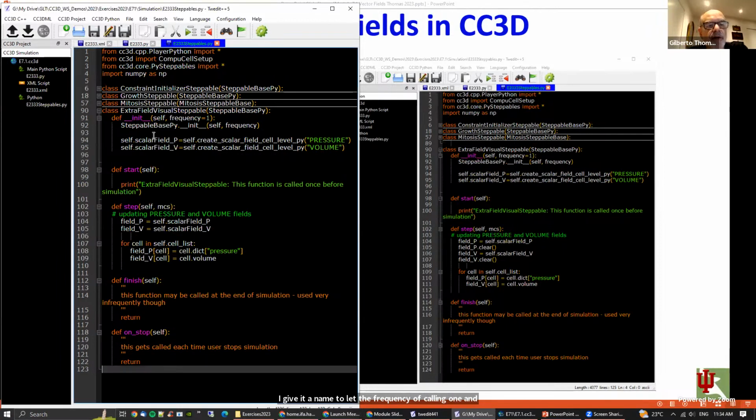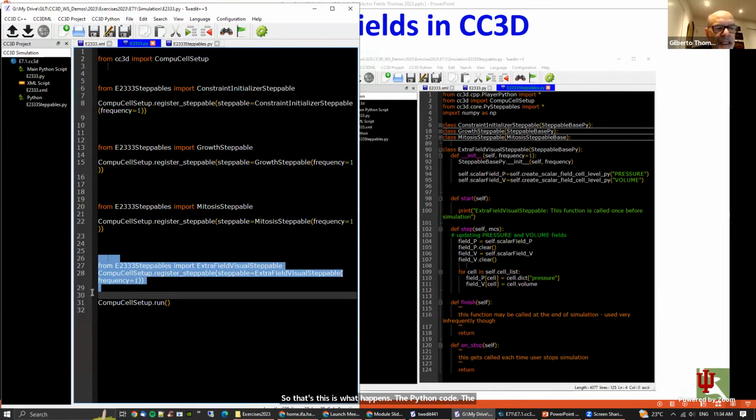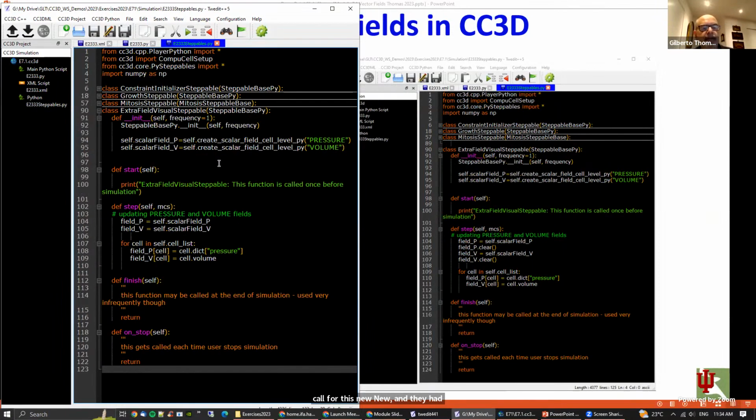Okay, so this is what happens. The main Python file has a line automatically included by the wizard, which is the call for this new steppable. And in the steppable part, we have a bunch of lines that we have to edit.